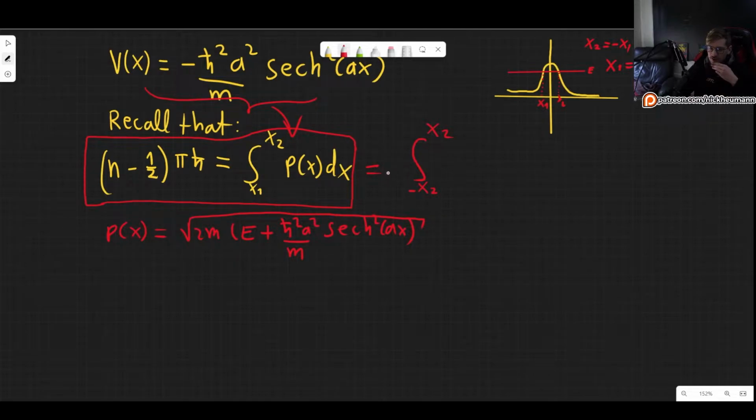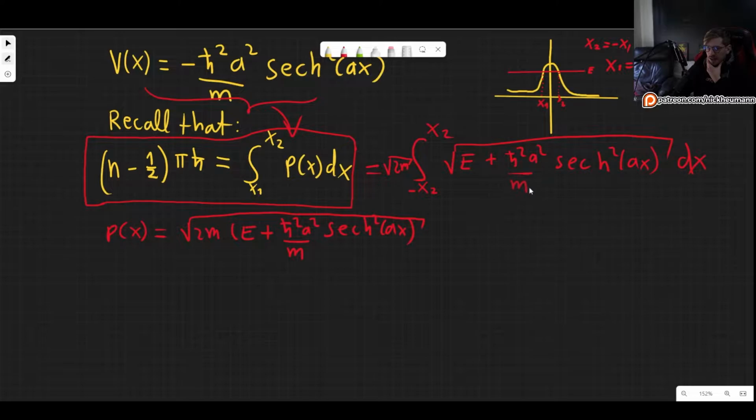Then we have the momentum. We can factor out the square root of 2m, and then we have the square root of E plus h bar squared a squared over m hyperbolic secant squared ax, and the square root goes all the way, dx. Now this looks a little bit awkward.